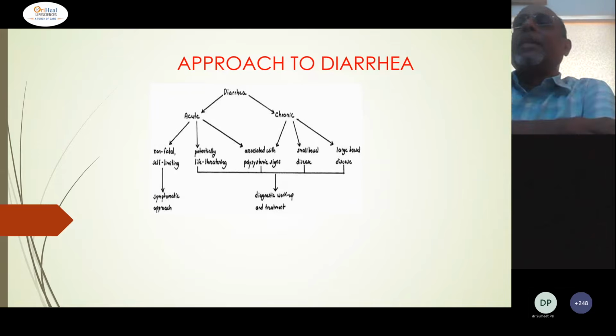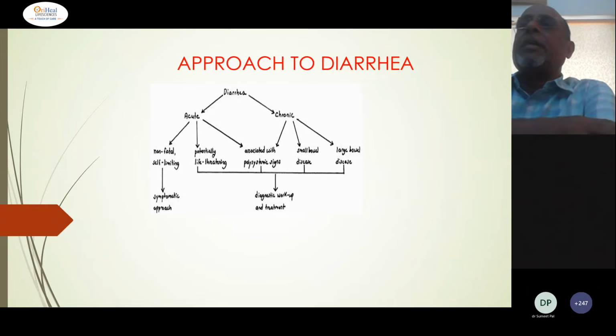So how do you approach diarrhea? You have diarrhea, whether it is acute or chronic. Less than 3 weeks is usually acute. More than 3 weeks is chronic. Mostly it is non-fatal, self-limiting acute disease, and the symptomatic approach is enough. Sometimes they are presented in a potentially life-threatening state, like for example hemorrhagic gastroenteritis because of Clostridium.